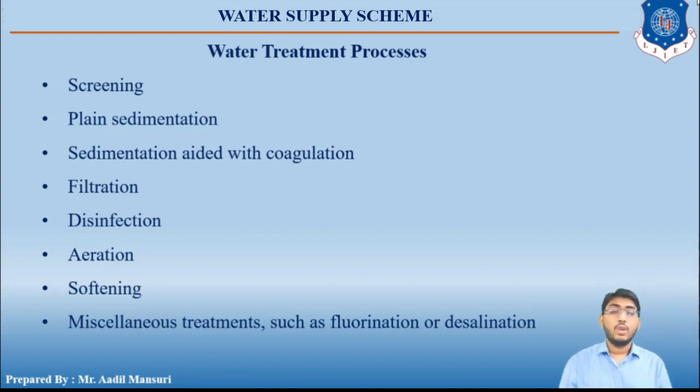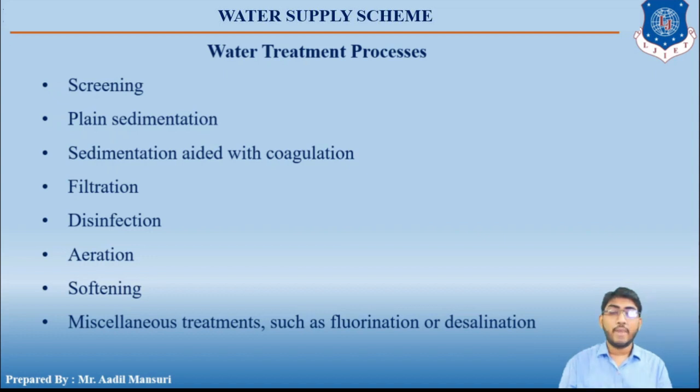What are the functions of each of these? Floating matters like tree leaves or branches, pieces of paper, fishes or other lightweight materials are removed in the screening process. Next is plain sedimentation.